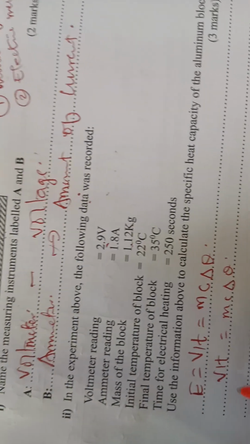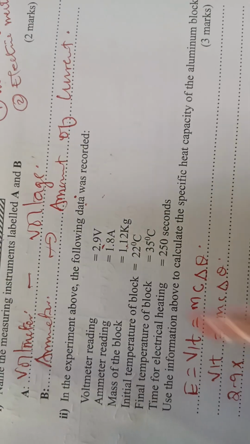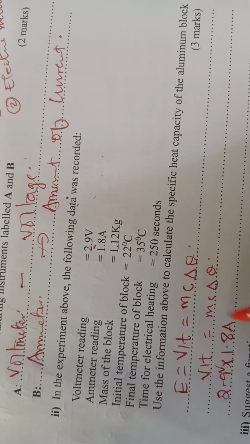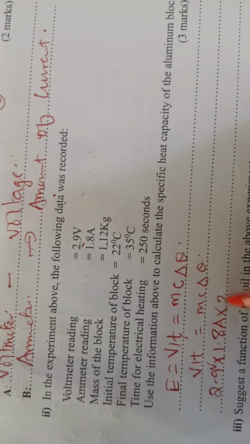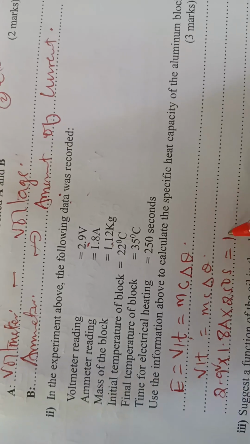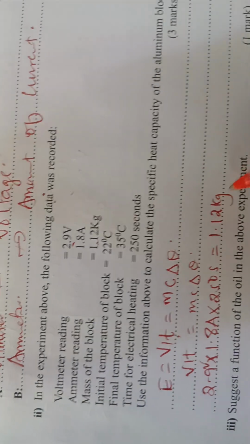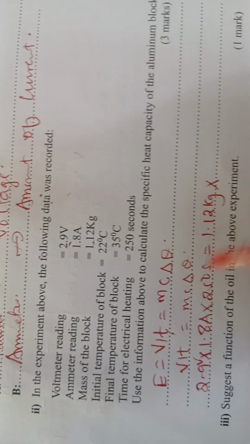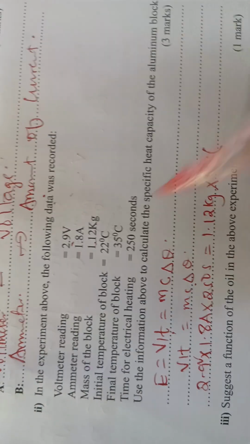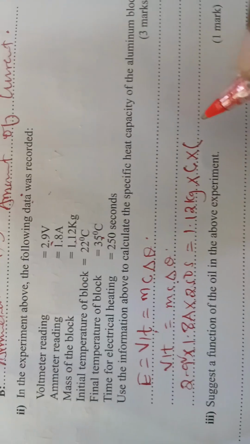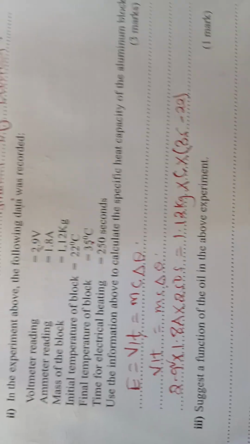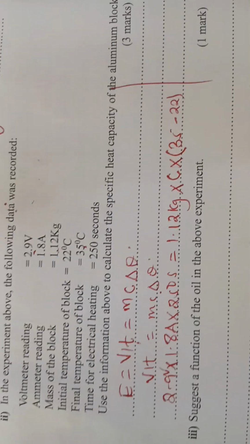Therefore, V is given as 2.9 multiplied by current 1.8 amperes, multiplied by the time 250 seconds, equals the mass 1.12 kilograms, multiplied by the specific heat capacity, which we don't know, multiplied by temperature change from 35 to 22. So 35 subtract 22 gives us the temperature change.